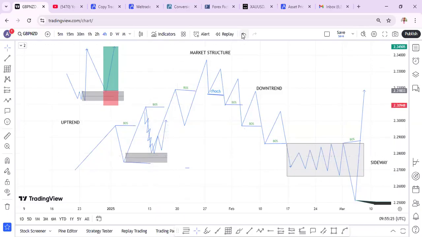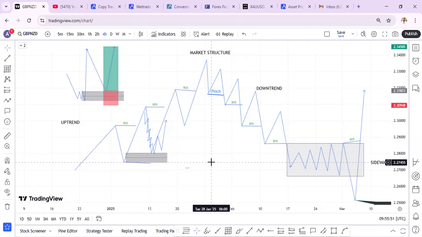But for the case of my students that are here, I don't want you to take trades from fair value gap. I will only work with demand and supply, so I advise you to concentrate more on demand and supply. Every valid order block must have a fair value gap and it must cause a break of structure.